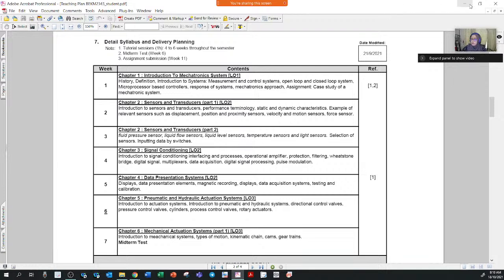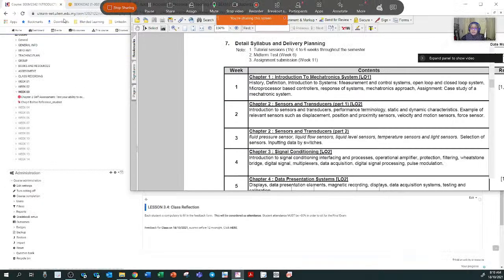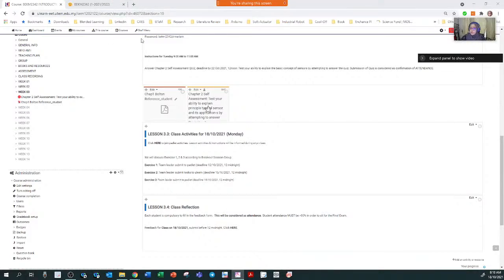So basically for today I'm going to discuss the exercises that you submitted. Then after that you're going to do the quiz self-evaluation. Bear in mind that for most of the chapters that we are going to go through, chapter 1 to chapter 8, I'm going to give you MCQ, multiple choice questions, because in the midterm exam the same format will be asked, MCQ type and objective questions.